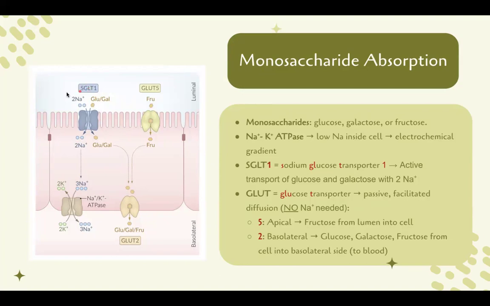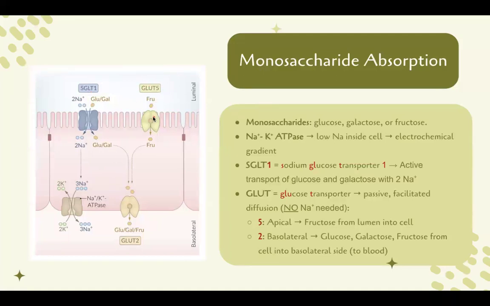So SGLT1 is responsible for transporting glucose and galactose across the apical membrane into the enterocyte. And it will need 2 sodium molecules for that. So this is an active process. It uses sodium to get this energy and drive glucose and galactose into the cell, okay?